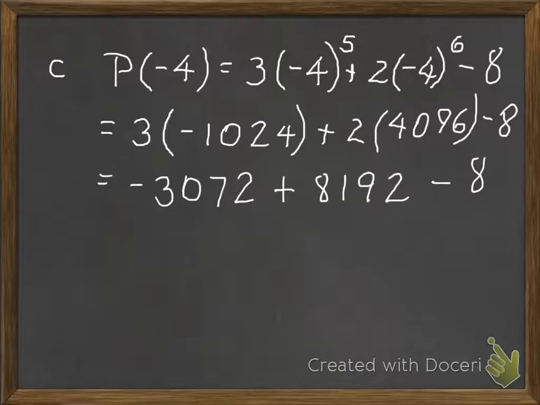Okay, now we have a negative 3072 plus 8192 minus 8. I'm doing this on my calculator: minus 3072 plus 8192 minus 8. And I have 5,112. And that's the answer.